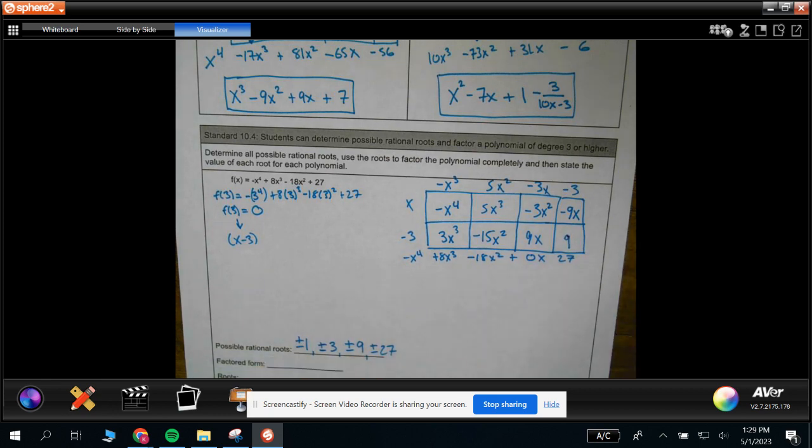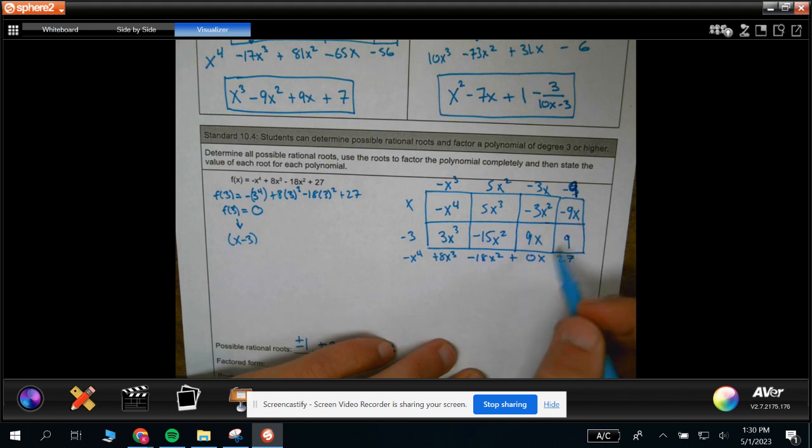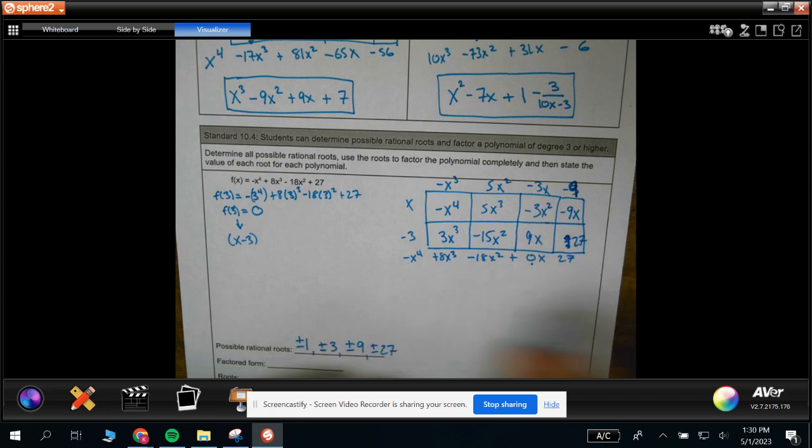Hold on, I did something wrong here. What's wrong? Negative x to the 4th, 3x cubed, 5x squared, gets that. Oh, I see. Yep, this needs to be a negative 9, right? Because negative 9 times x. Negative 9x plus 9x equals 0x, which means this is 27.